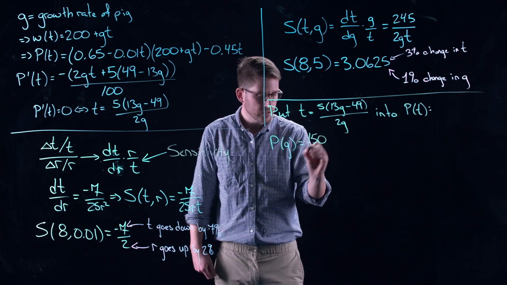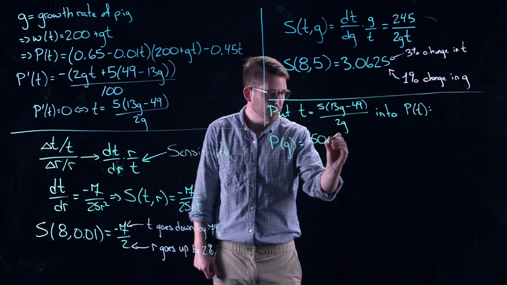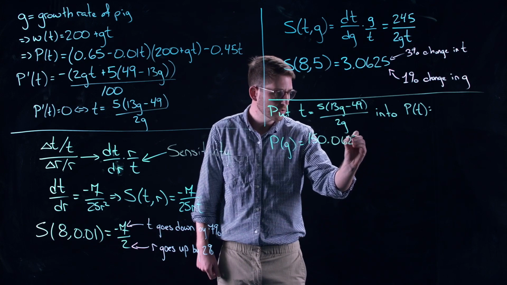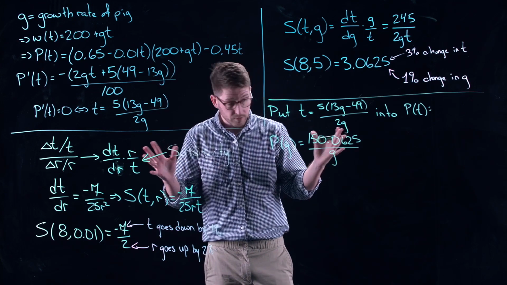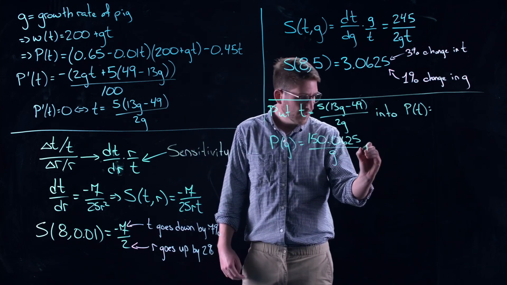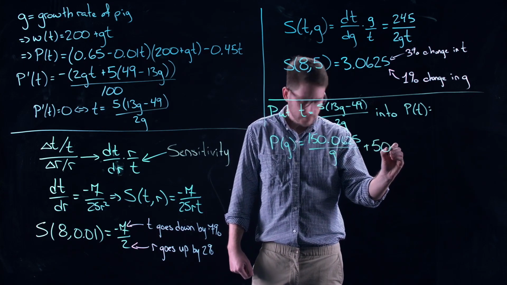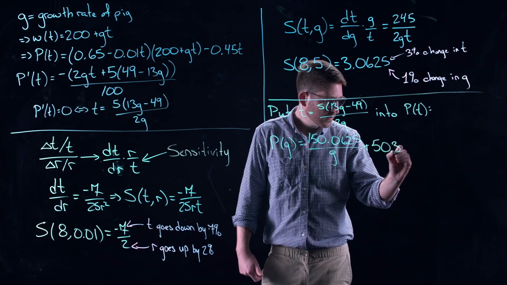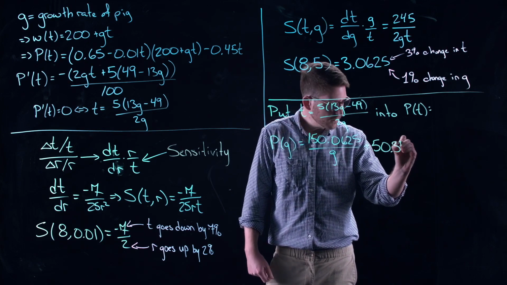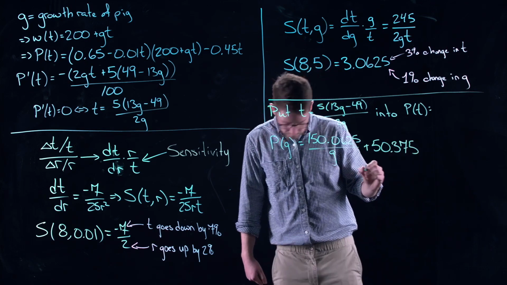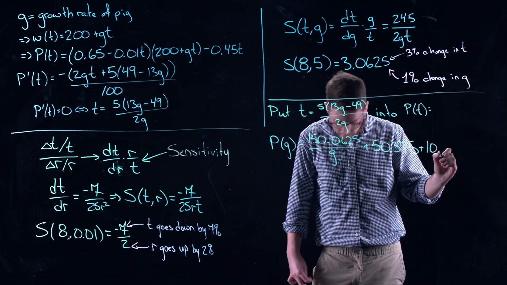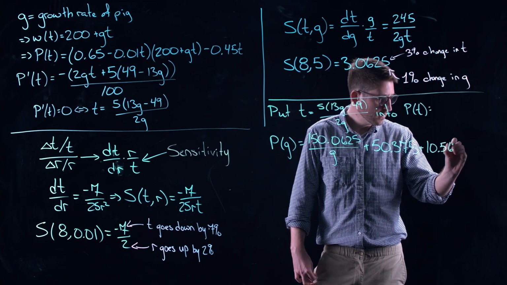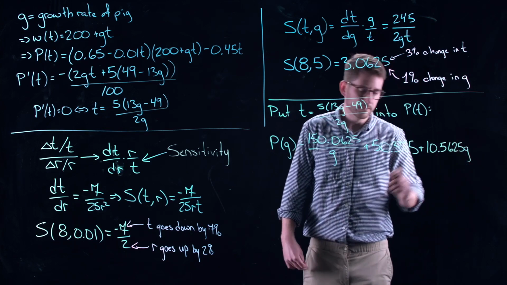You can just throw this into maybe Wolfram or Maple or whatever it is you like to simplify these, or maybe you can just have a little bit of fun doing it yourself. That's perfectly okay. But this is what your equation now looks like: 375, and then plus 10.5625 g.